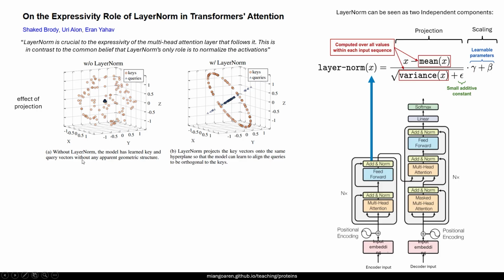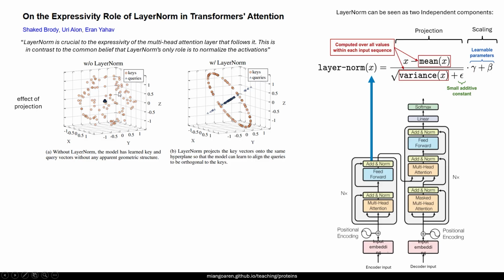When we train a transformer and specifically look at what happens in normalization, in these two main sections, projection and scaling, we see the effect of projection. When we execute a normalization where the projection is excluded, the keys and the queries vectors do not have any apparent geometric information.